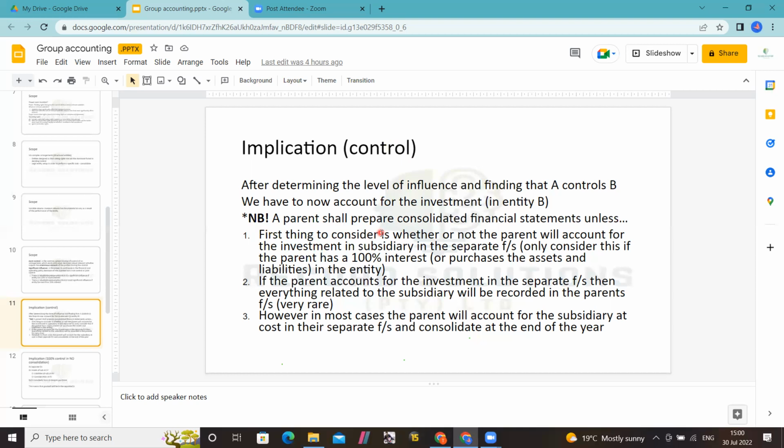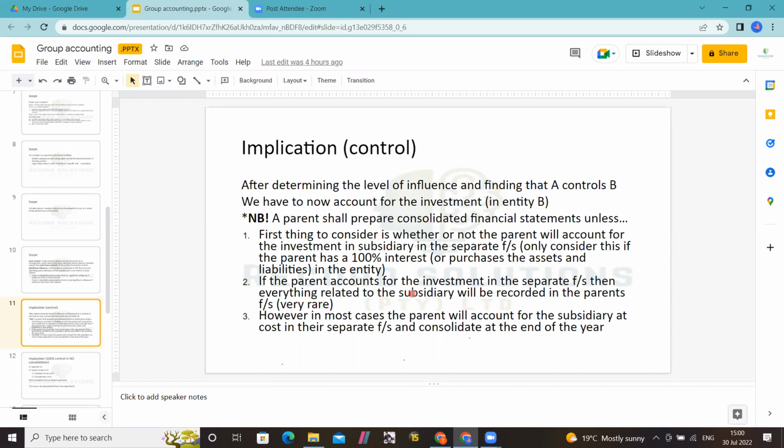Now we have to determine the final thing before we start really with journal entries, and that is, are we going to prepare consolidated financial statements or not? Basically, the way we do that is firstly, we look at how the entity was purchased.